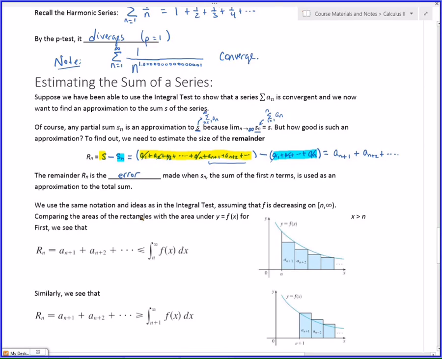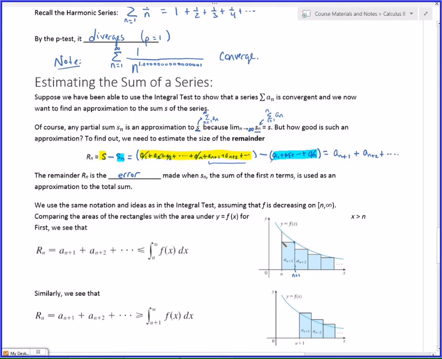Now I'm going to use the same notation and ideas that we did in the integral test and assume that f is decreasing starting at n. So imagine this blue curve right here is your f of x. And since this is like n plus 1, the height to the curve, that right there, is your a sub n plus 1.